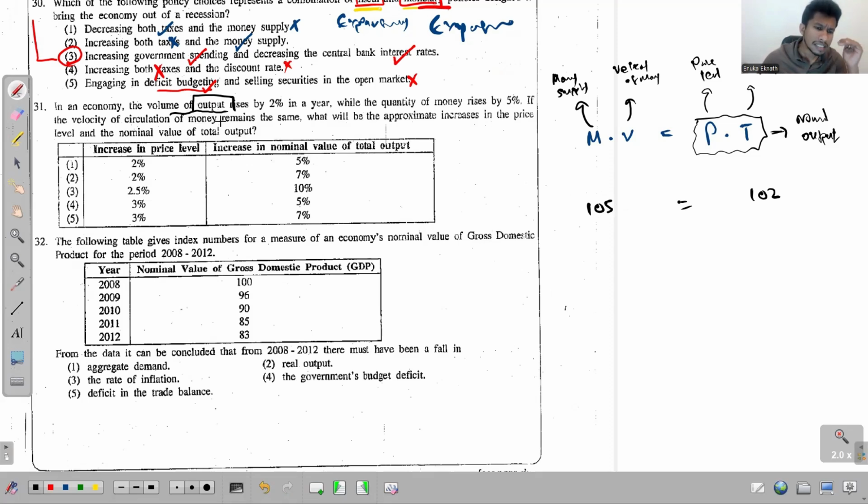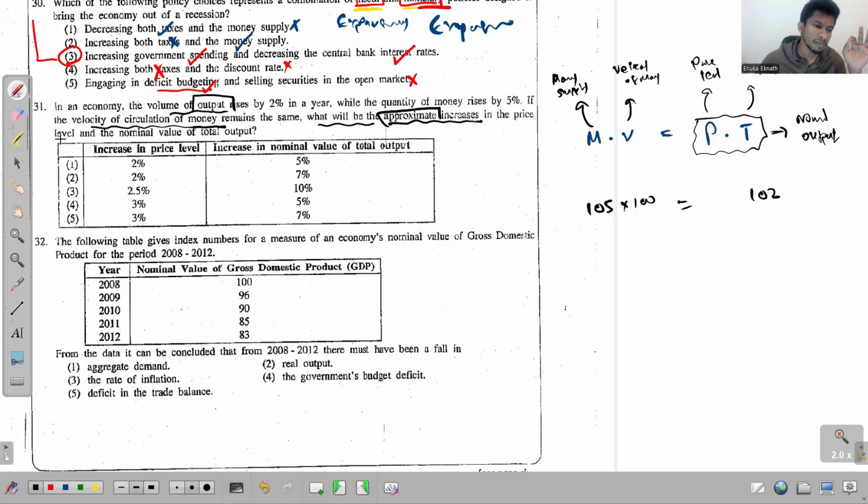And there's no change in the velocity of circulation of money, which means same as the previous year. So the value is still 100. I mean 100% precisely, right? And the question asks us to calculate what will be the approximate increase. See, now the question asks us to calculate the approximate value for increase in these two.